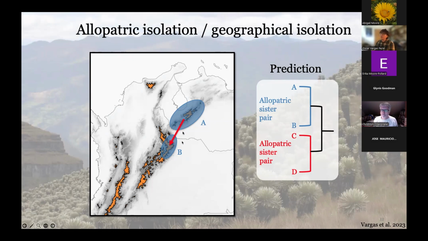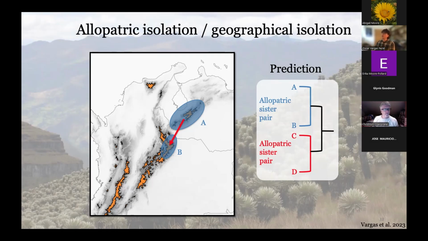This could happen in two different ways. We could have a founder event from one island to another, or we can have some sort of vicariance. I'm not going to be able to differentiate those two in this test, but at least I will know if geography is driving this.